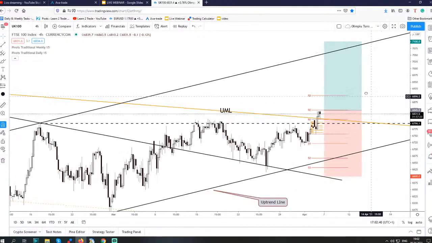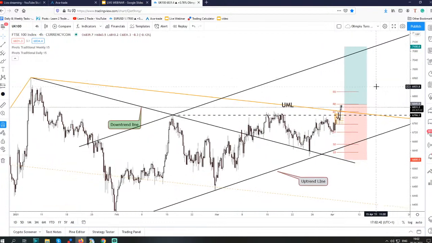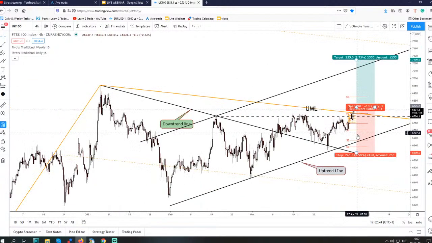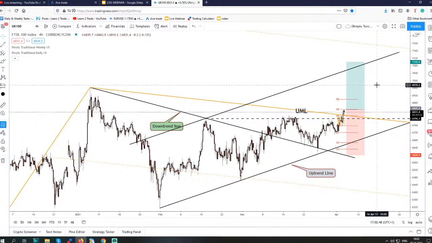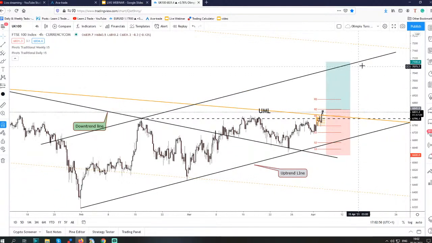And as you can see here, the price could try to approach and to reach again the channel's upside line in the upcoming period.